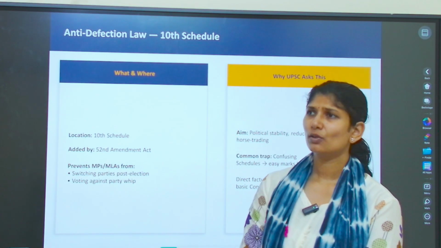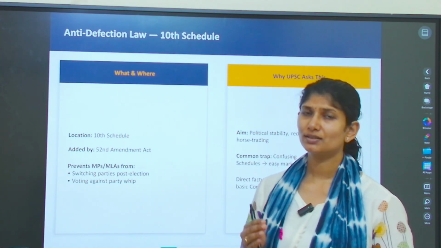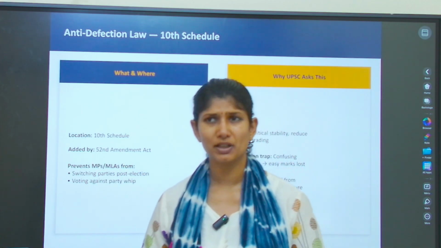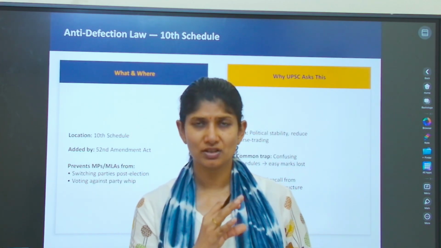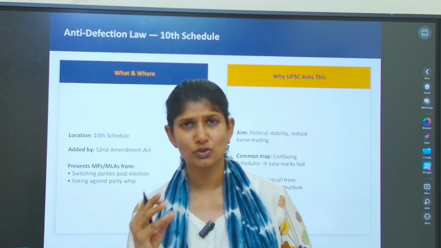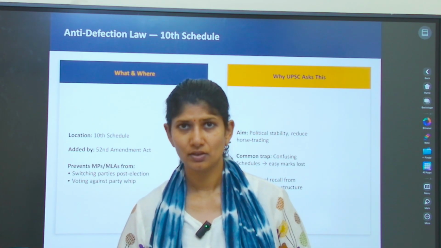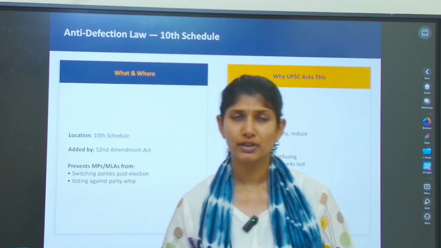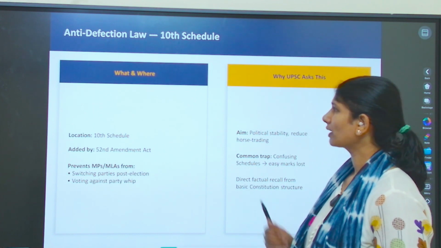Okay, in this they also include the concept of split and merger. That is another concept where we will speak about at what point of time, if a certain chunk of your party breaks away to form another party, what will be the conditions there. Okay, so all these factors you have to look into in detail in anti-defection. So what is this for?